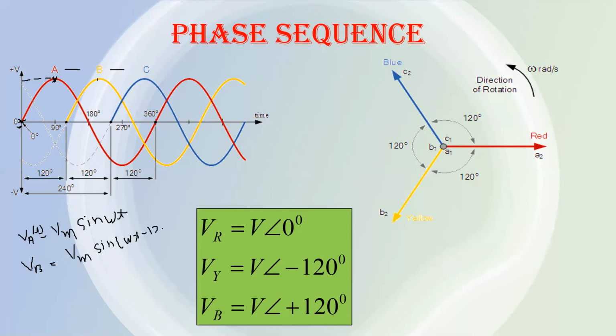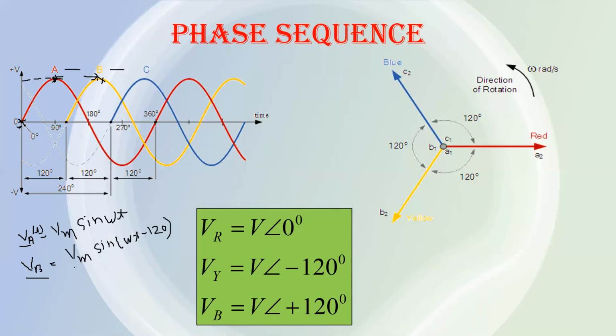Here the minus sign represents that phase voltage B lags phase voltage A by an angle of 120 degrees, because the maximum of B will come after the maximum of phase A, and the angle difference between these two will be 120 degrees.